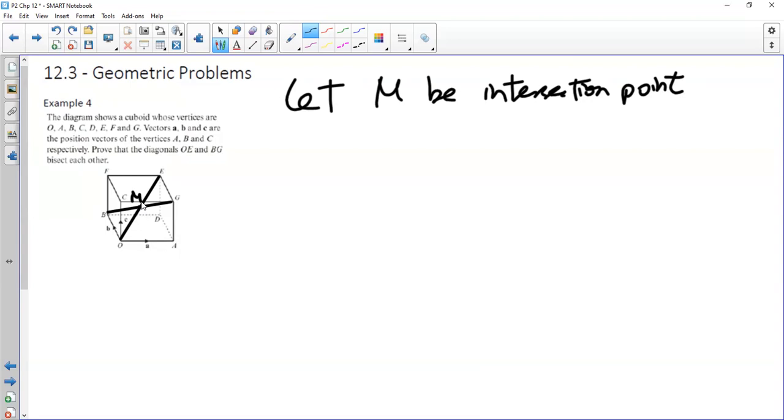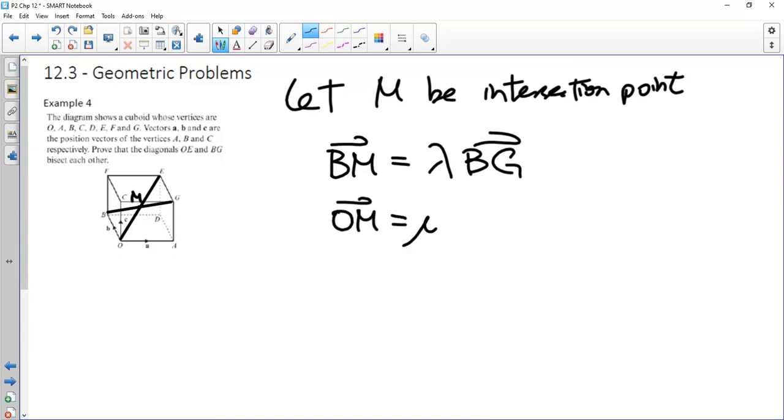We let BM equal lambda of BG, and OM will equal mu of OE. Obviously, if our answer is correct, we should get lambda and mu equal to a half.